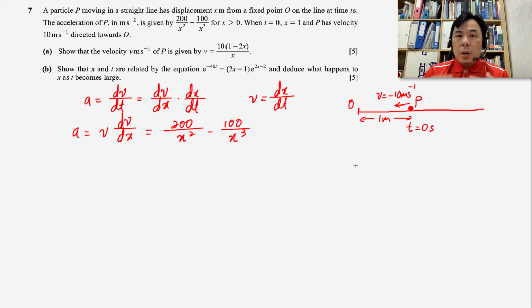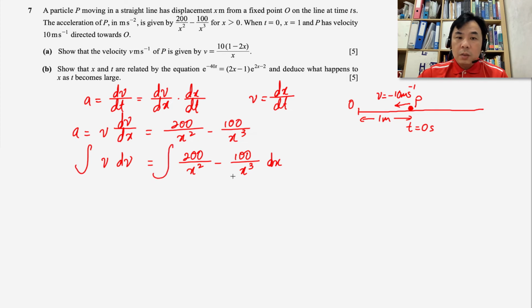Okay, the rest after this is just merely performing an antiderivative to find the relation between the velocity and the displacement. Now, divide and conquer. We're going to group all the like terms to one side, like this. And then thereafter, we're going to perform the antiderivative like this. All right.